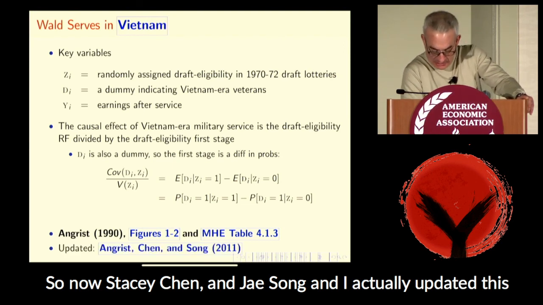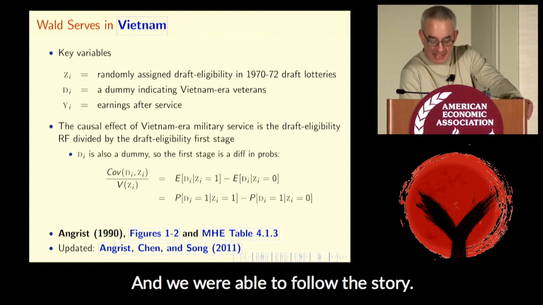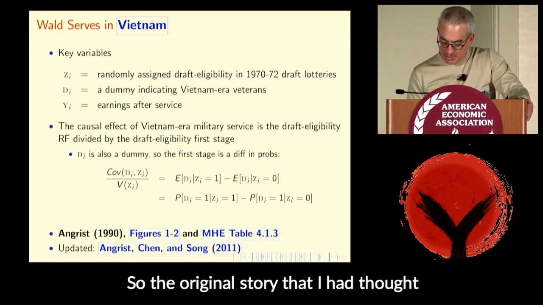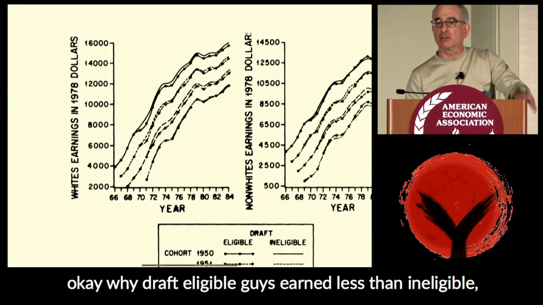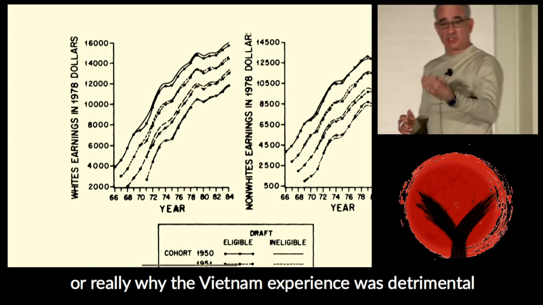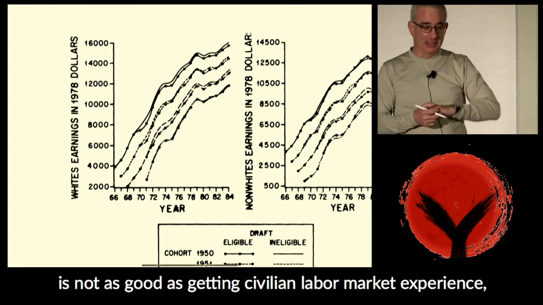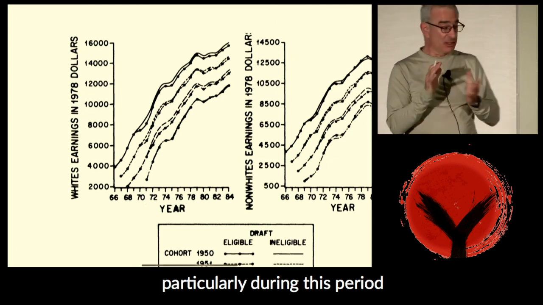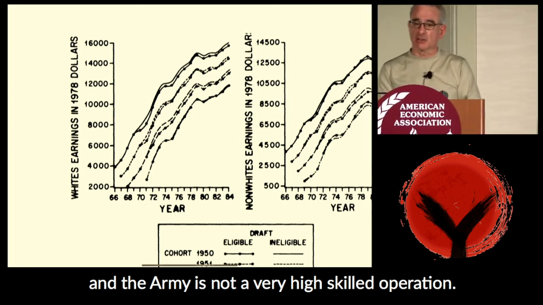Now, Stacy Chen and Jae Song and I actually updated this with some more recent data, and we were able to follow the story. So the original story that I had thought was explaining this, okay, why draft eligible guys earn less than ineligible, or really why the Vietnam experience was detrimental, is that serving in the military is not as good as getting civilian labor market experience, particularly during this period when men are being drafted and the Army is not a very high-skilled operation.